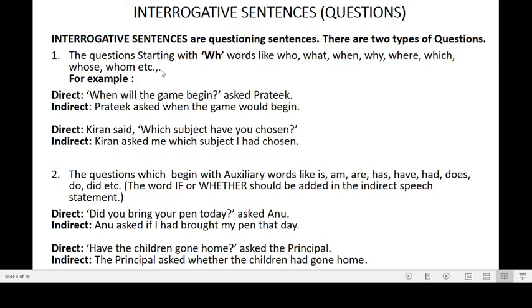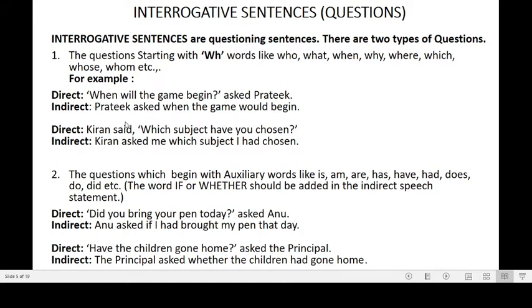Here we do not use "said that" or "told that". You understand? In question-type sentences, the reporting verb should be asked or inquired. So you have to use the reporting verb asked, and "that" should not be used with the word asked.